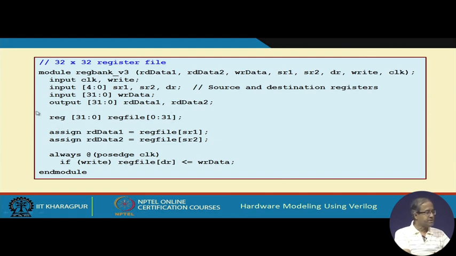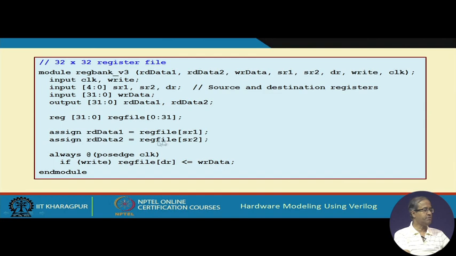So, this is how we are declaring our register file, just like a memory. Each word contains 32 bits and there are 32 locations, 0 up to 31. For reading we can simply give assign statements: read data 1 equal to reg file with SR1 as the index.